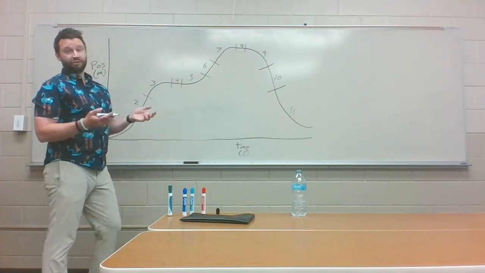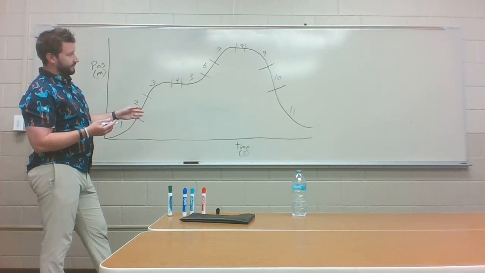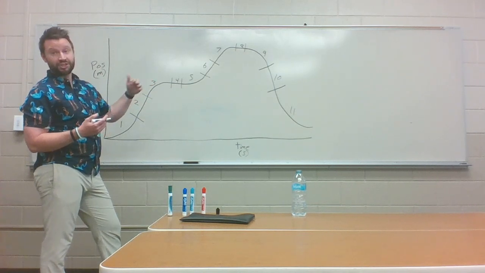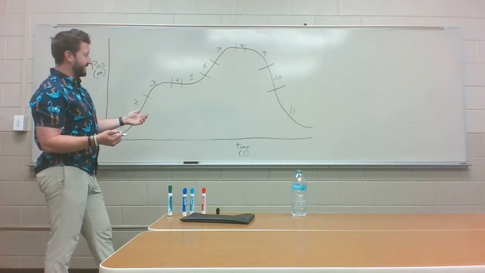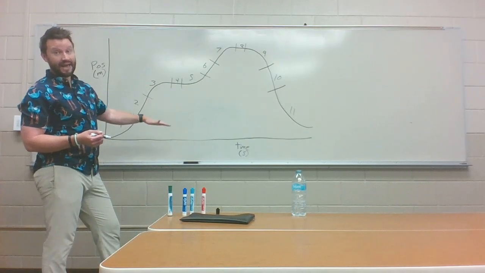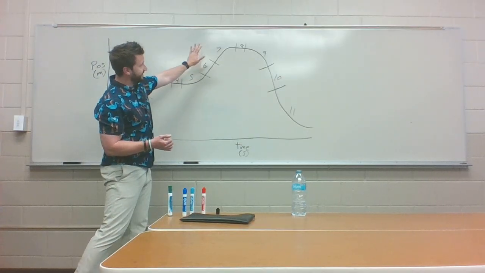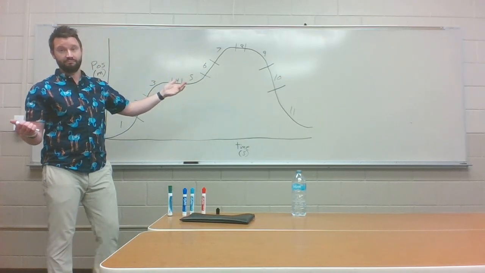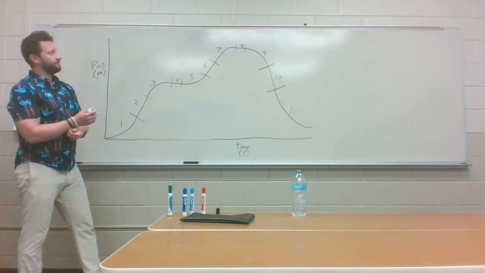And so in the position graph, a couple of notes that you can tell. When I ask you which direction things are going for the position graph, that's a pretty easy reference. It is simply, are these lines going up or are they going down? For these lines that are going up, all of these first processes, positive direction, going up.